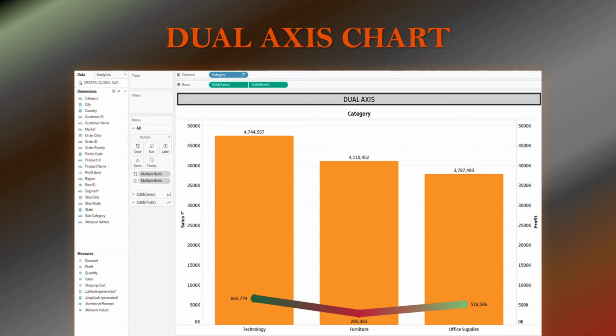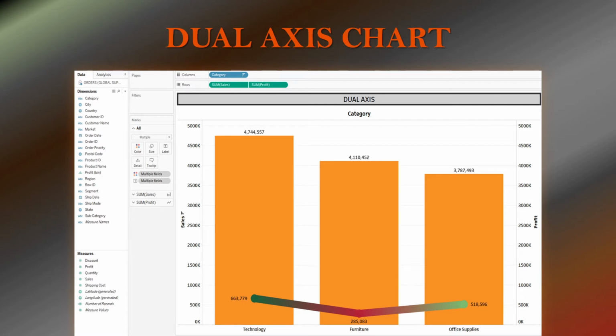Using this type of chart, it would be very easy to represent that technology has high sales and the highest profit too. But furniture is the one that is doing a good amount of sales after technology, but still has the least profit. So via this, we can conclude very easily that furniture products are leading us to less profit or maybe loss in future.